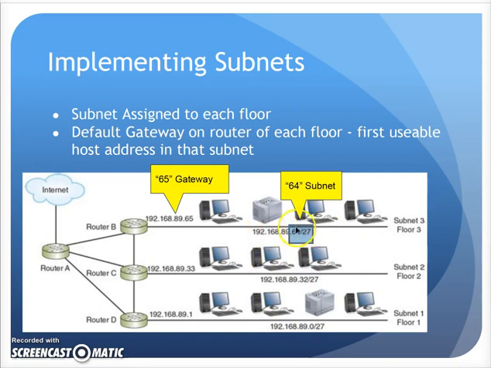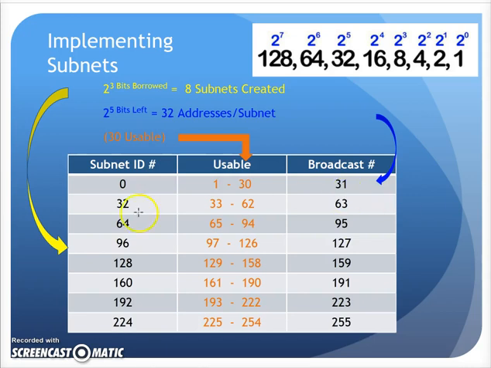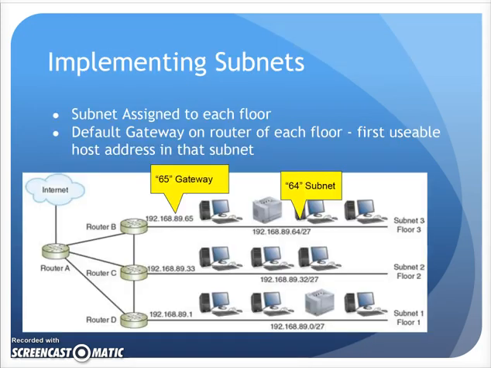Here are my streets, and we're labeling them by subnet. And I'm taking the first usable IP. Let me back up here real quick. From the 64 subnet right there, the first usable IP is 65. That is going to get assigned to the gateway. 65 right there is my gateway IP. That's the address of the router.